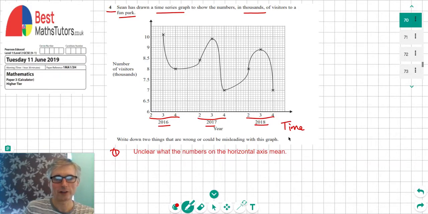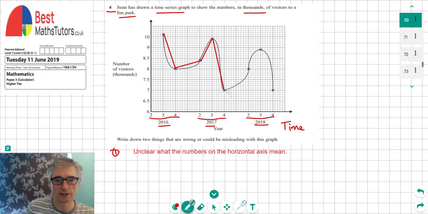The second thing I would say is when we've got a time series graph, then we should actually join the points up with straight lines. We don't know what's happening between these points, but they've been drawn as a smooth curve. For a time series, we should always join them up as a series of straight lines.